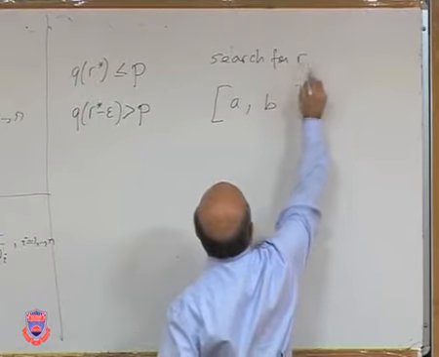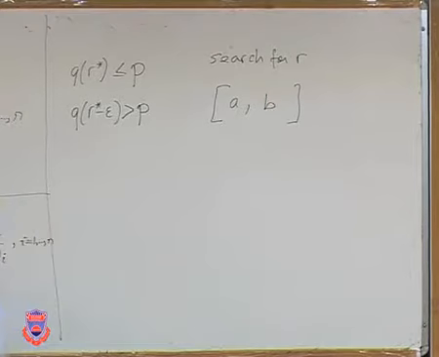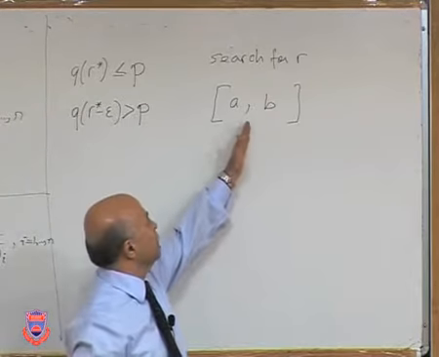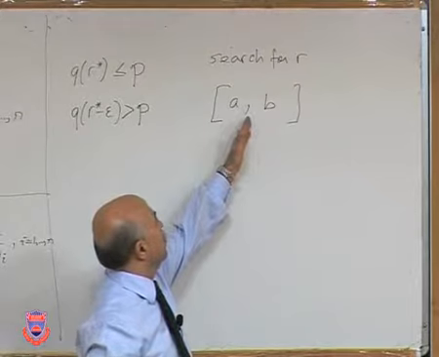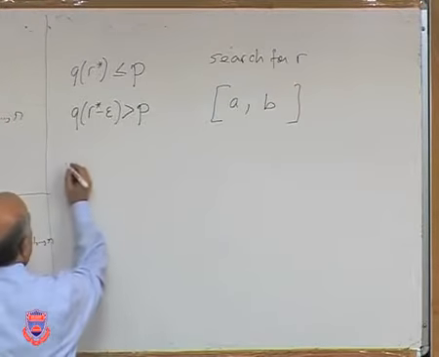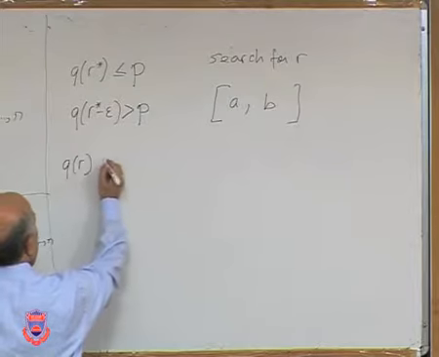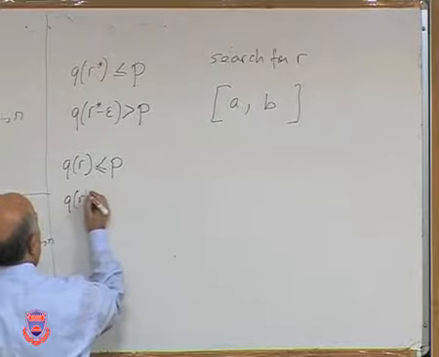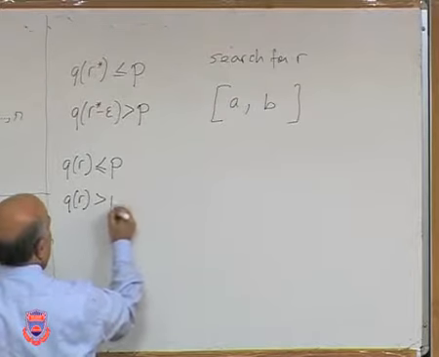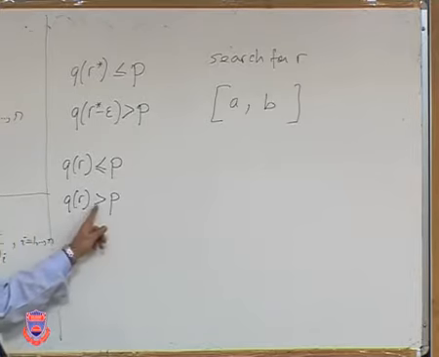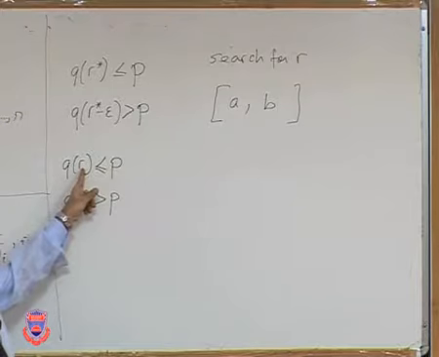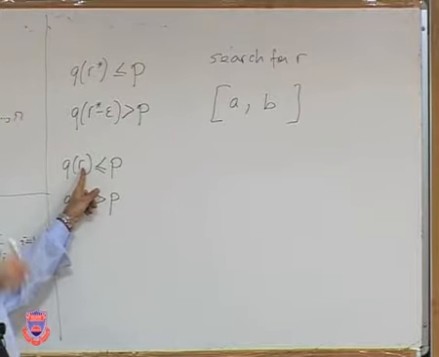All right, so you can search for R in this interval using, say, bisection search. So you begin with the midpoint, and then once you solve, you either get QR less than or equal to P, or you get QR greater than P. If you get QR less than or equal to P, that means R is sufficiently large, so you might want to reduce it.